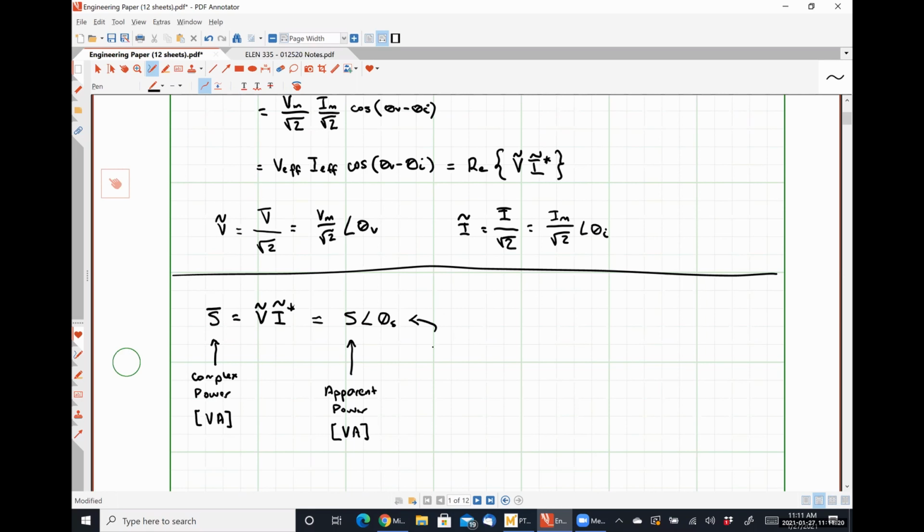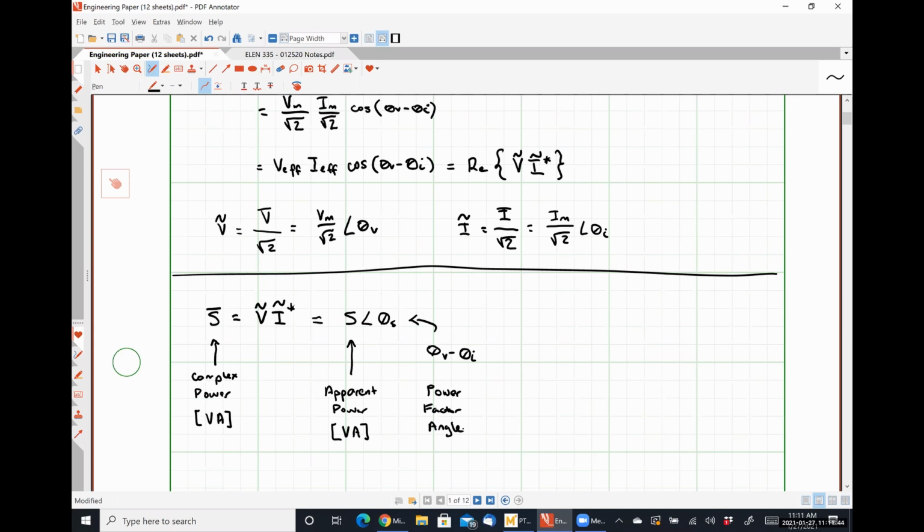This angle, theta S, is the exact same thing as theta V minus theta I. Simply the difference in the phase angles between the voltage and the current. And it is known as the power factor angle.